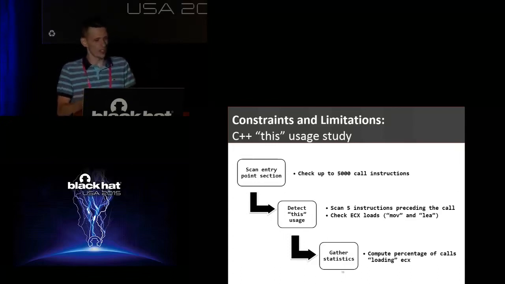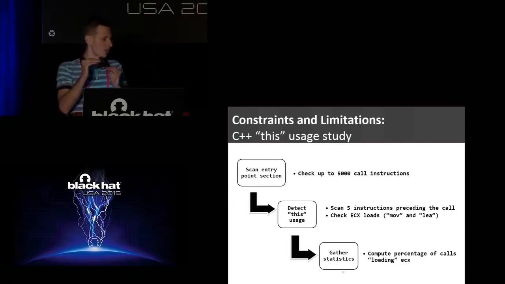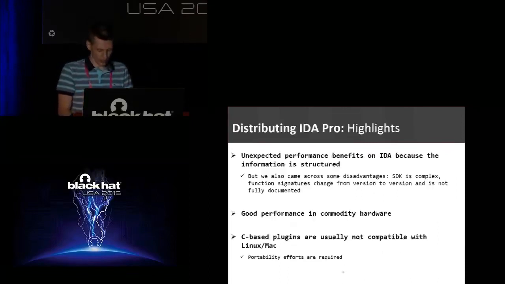So this is either a move instruction or a load effective address instruction. And then we were computing a percentage of calls with loading ECX. Later, as Gabriel will show, we defined some threshold constant: when the percentage of these calls manipulating ECX is higher than this cutoff, this sample is considered as Visual C++.